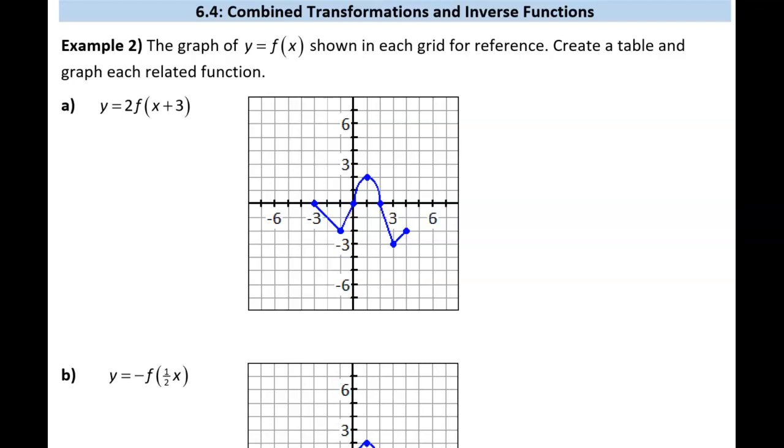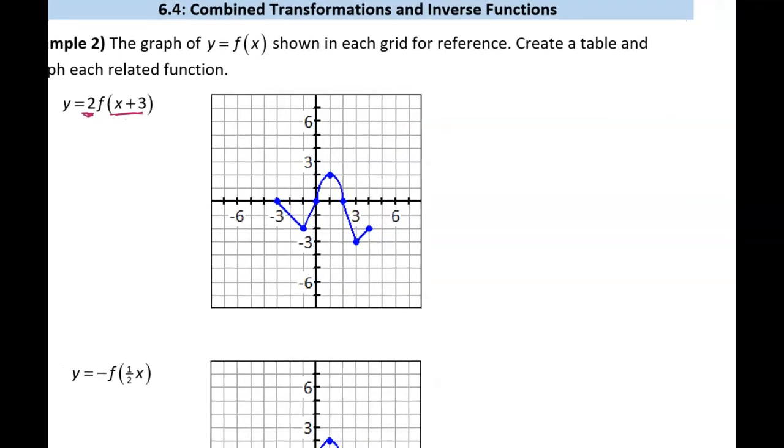So, in example 2, you'll notice that we have two transformations happening to a related function. We have a 2 times on the outside, and we have an x plus 3 on the inside of the function. We'll need 4 columns for our table of values.